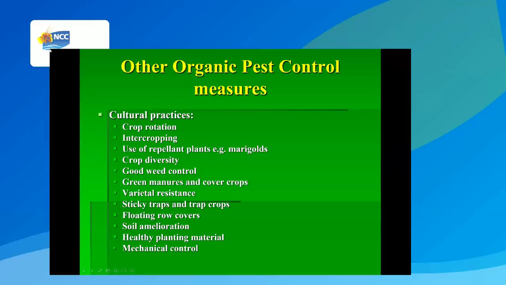Intercropping, that is planting more than one crop or plant in a given area, because it interrupts the smell that the insects have for these crops, one masking the smell of the other. The use of repellent plants, for example, marigolds.